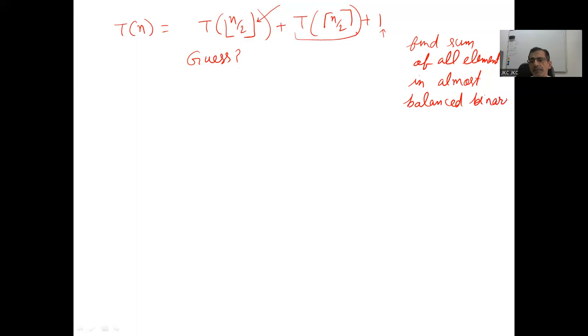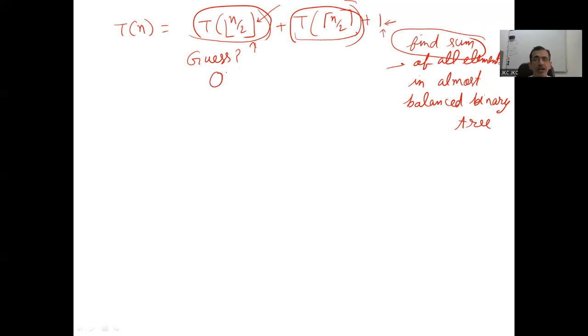All elements are being added: we add on the left side, then add on the right side, and then add with the root, and you get this. So ideally, the guess is that its answer is O(n).